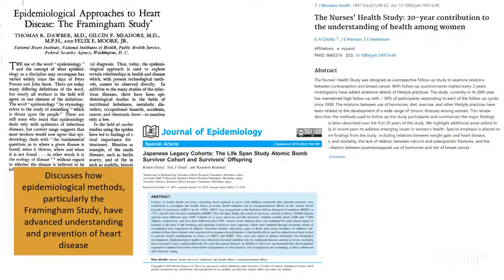But when this study was conducted, the concept of risk factors of heart disease came into the picture. So this was a landmark study, and it gives a future direction that heart disease can also have risk factors.